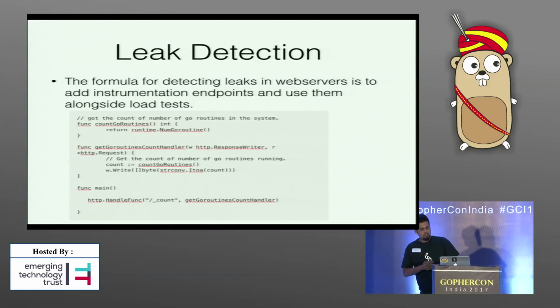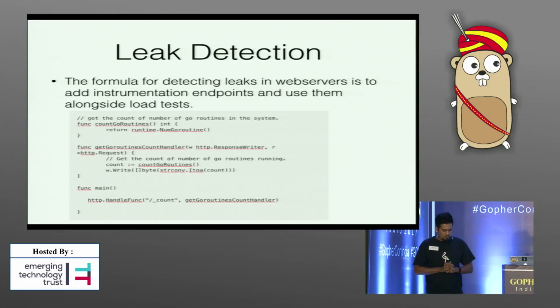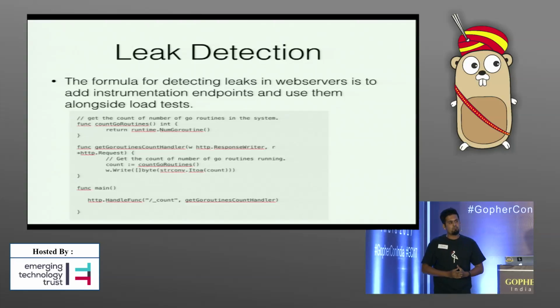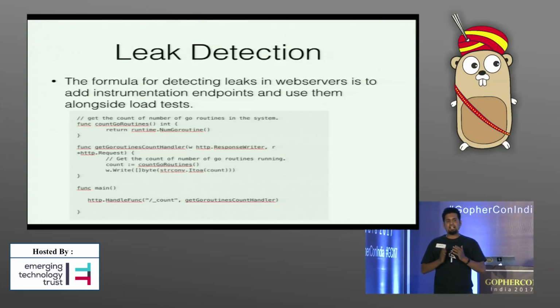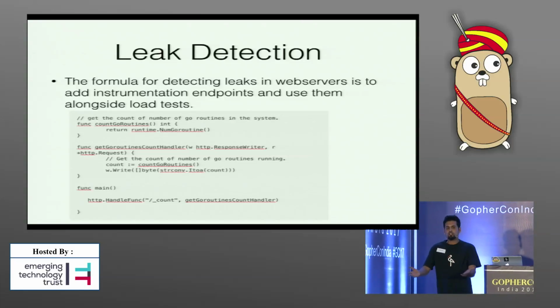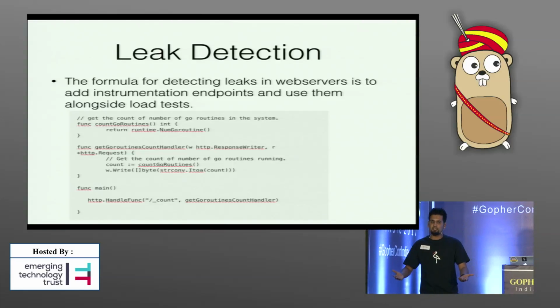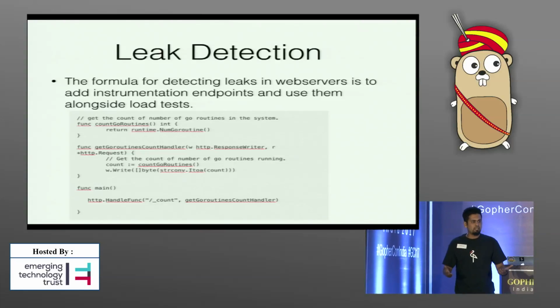Now, let's say you built your web service using Go, and for better utilization of your resources, you're writing concurrent pieces of software, and you do not know whether there exists a leak. Maybe one of the packages you're using has leaks.